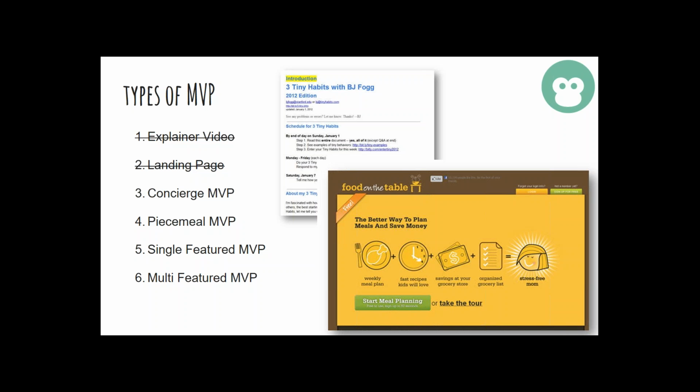Let's imagine that you've got an idea and you've got your solution. You could create a video that explains to somebody in 60 seconds how you solve that problem. The only reason I would argue it's not really an MVP is because whilst it accurately depicts what you're going to do, it isn't something a user can use and actually engage with.